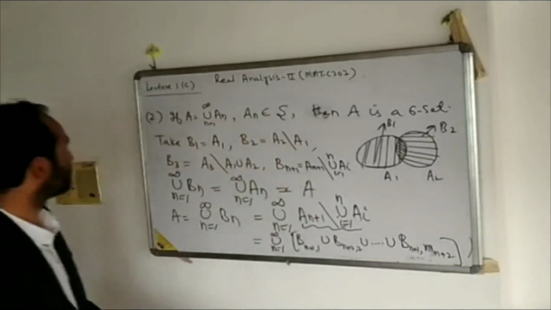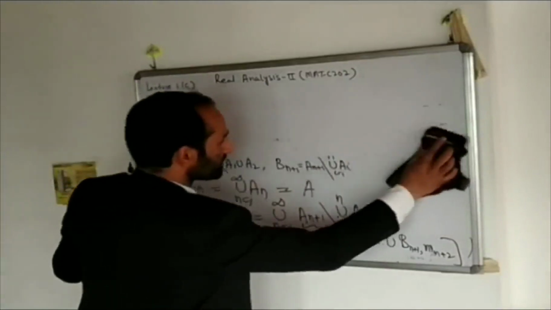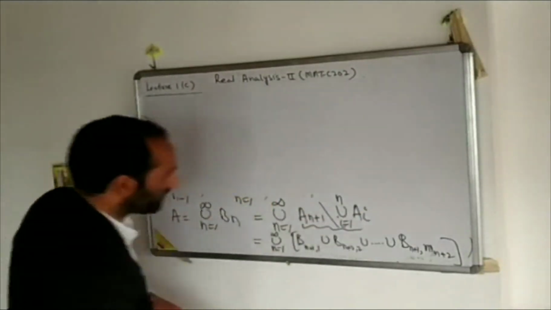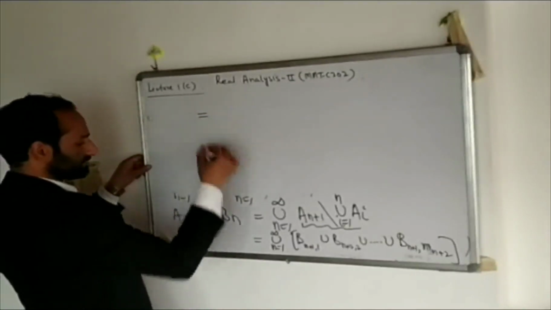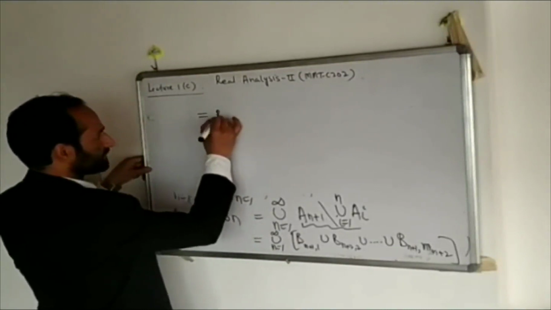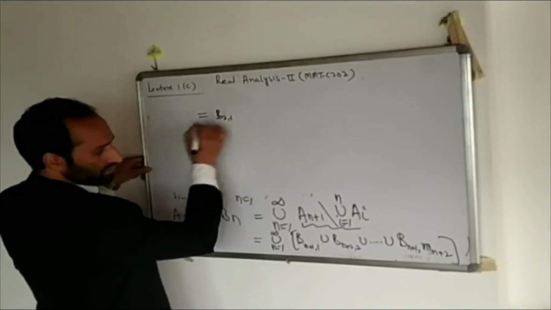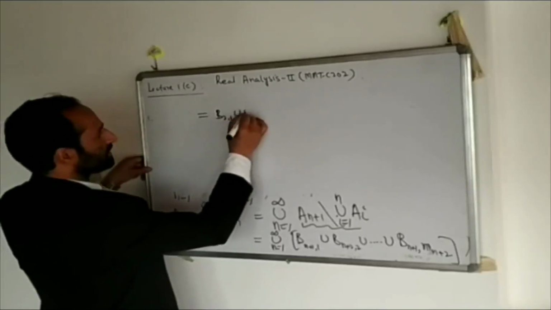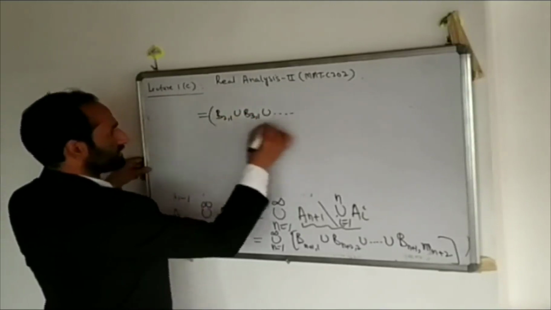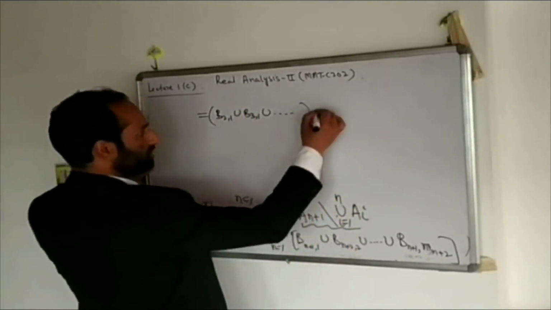So let's do that. To make it more clear, if I expand this union, n is 1, B(2,1) union B(3,1) union and so on. So this is the first one. Then second, I apply this union on the second term now.